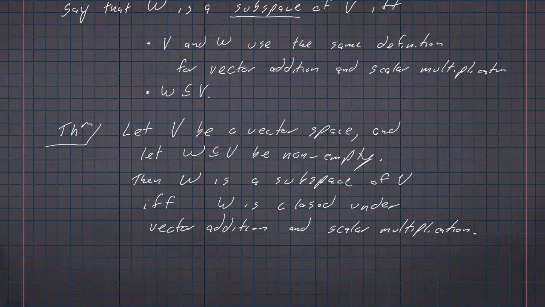Then just with that, we have a non-empty subset of a vector space. And we're going to say that that non-empty subset is a subspace if and only if it is closed under both vector addition and scalar multiplication.